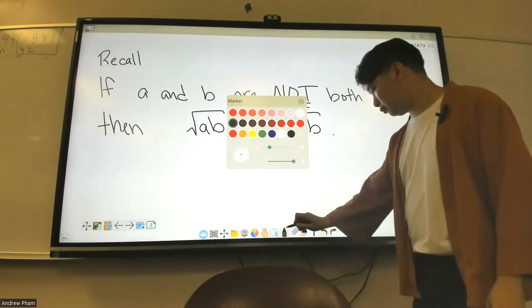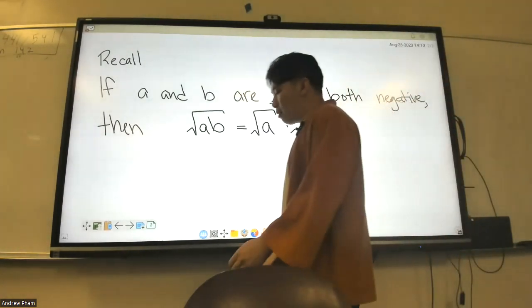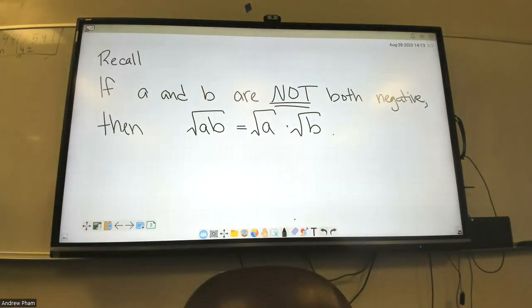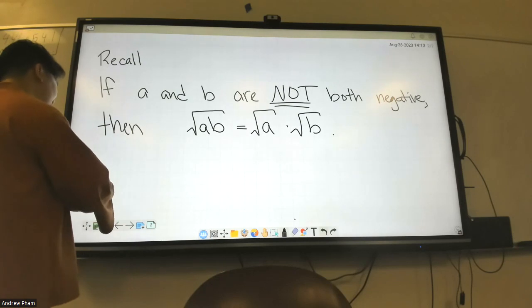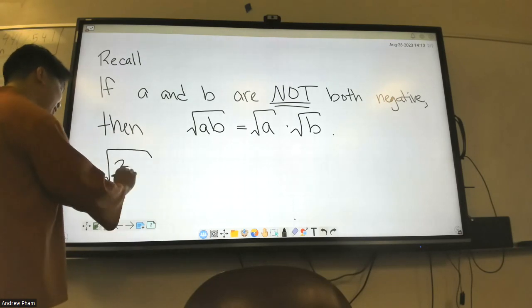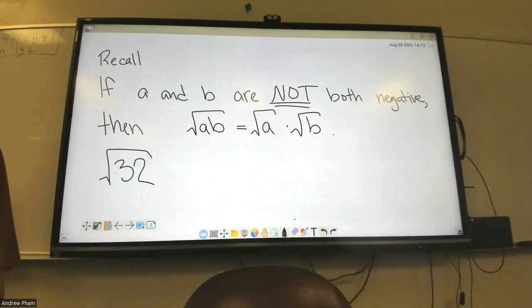So if I'm looking at some quick scratch work examples, if I did the square root of 32, for example. Well, one thing that I think I can say is 32 is the same thing as 16 times 2, right?